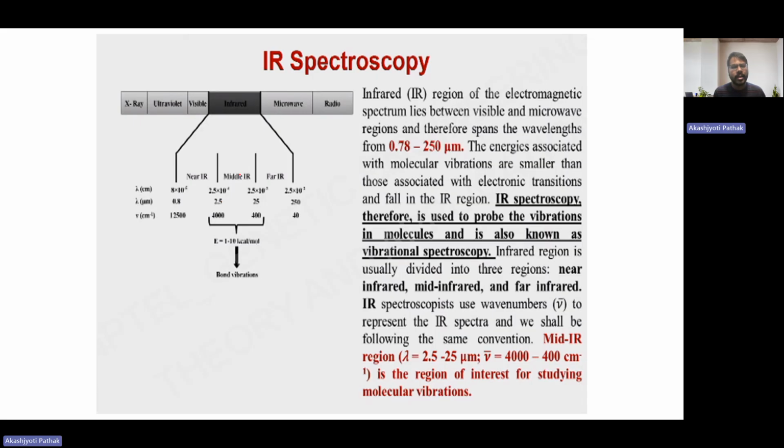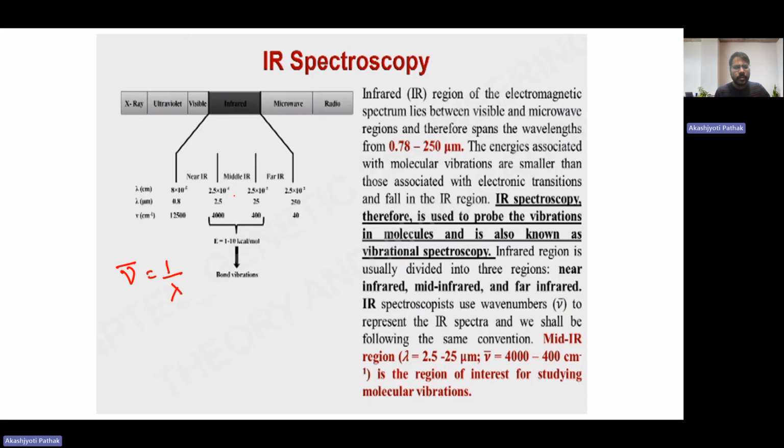The middle infrared region excites the molecule with radiation in the range of 2.5 micrometer to 25 micrometer. In IR spectroscopy, mostly you will see that the units are expressed in nu bar. Okay. So what is nu bar? Nu bar is basically 1 by lambda.